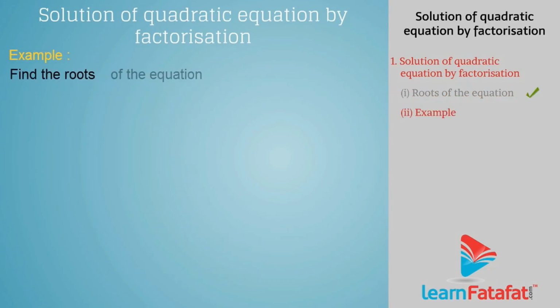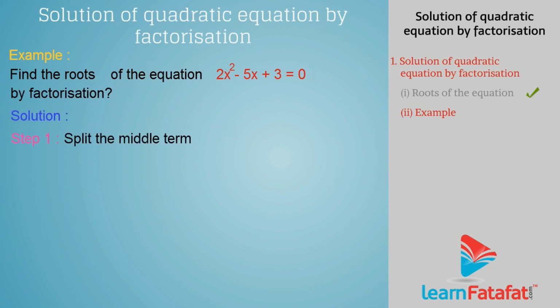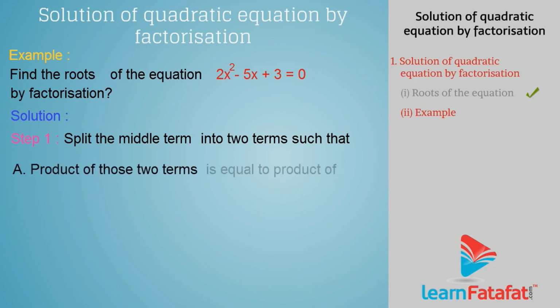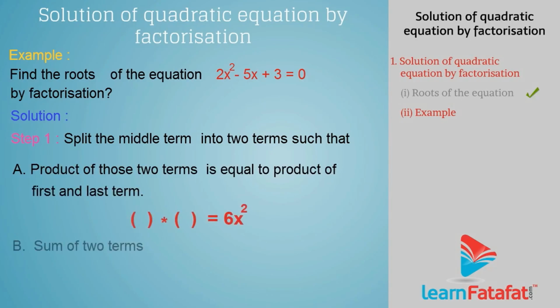Example: find the roots of the equation 2x square minus 5x plus 3 is equal to 0 by factorization. Solution: Step 1. Split the middle term into two terms such that a. Product of those two terms is equal to product of first and last term. b.